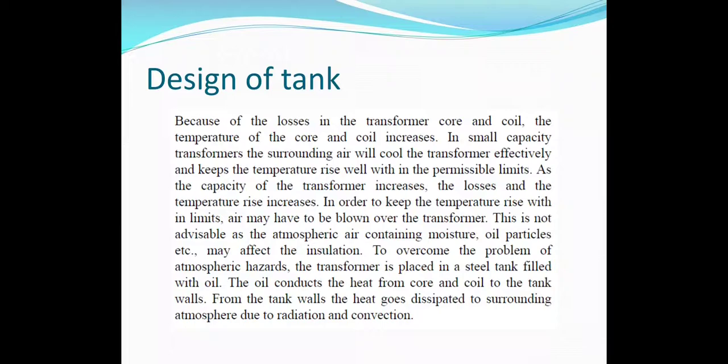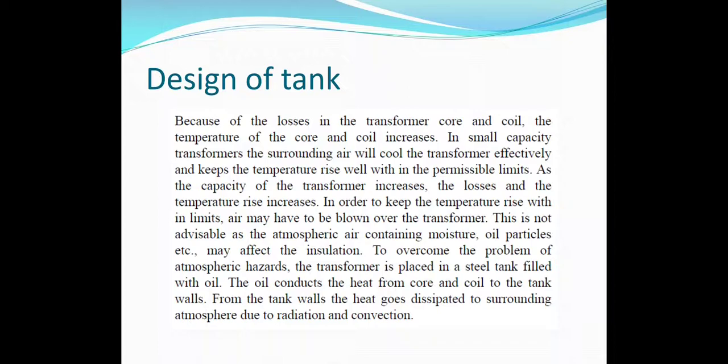whenever the transformer gets heated up, it will be cooled down by the surrounding air itself, and the temperature rise in the small rating of the transformer will also be within the permissible limit. But whenever the rating of the transformer increases, the losses and the temperature rise also increase, and this temperature rise will not be within the permissible limit.